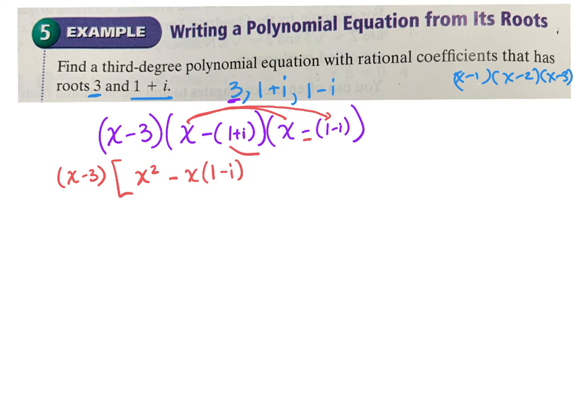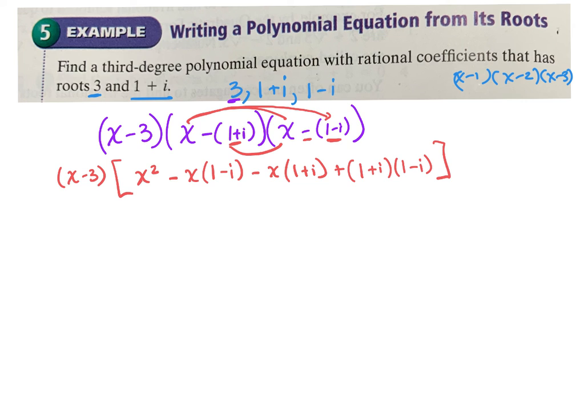Now I'm going to distribute this group. I have a negative group times x, so that's going to be a negative x times (1 plus i). Now I have negative times a negative, so this guy's going to be plus, but I have conjugates here. So I have this 1 plus i and this 1 minus i. Everybody see that?